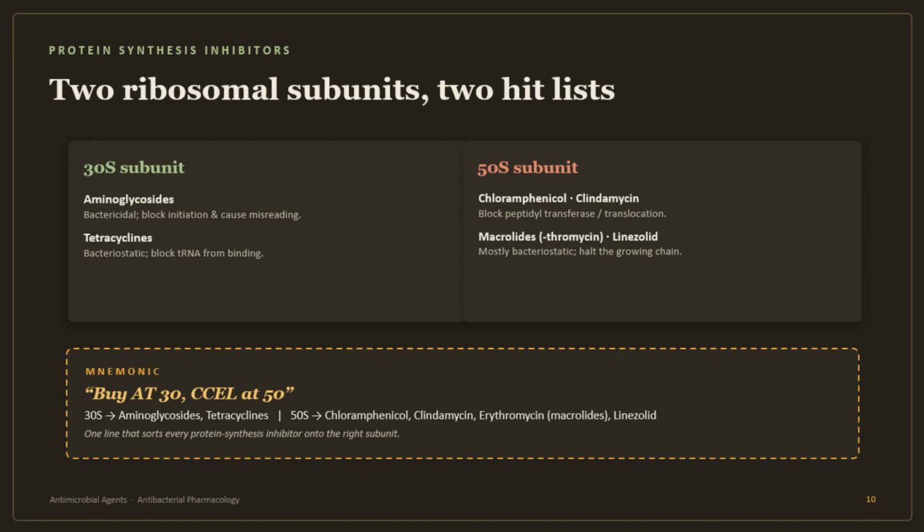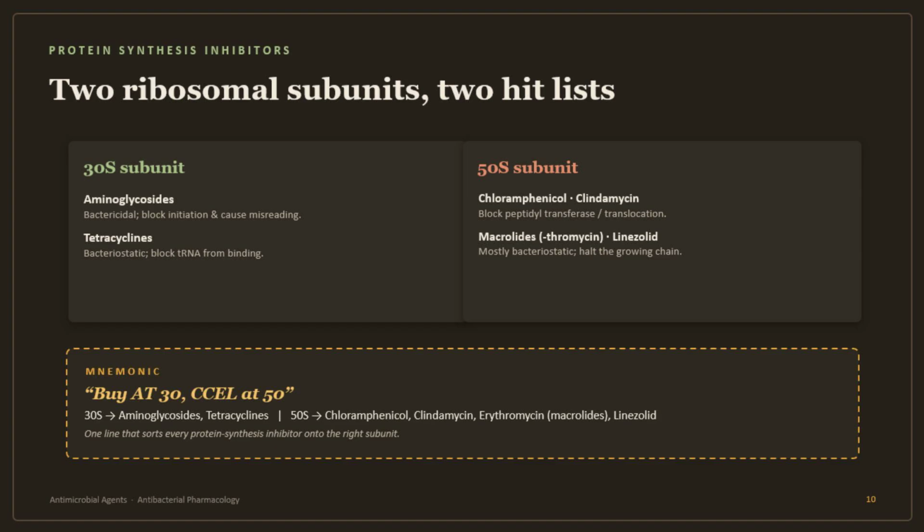Here's the key organizing idea. The bacterial ribosome has 2 subunits, the 30S and the 50S, and our drugs split neatly into 2 hit lists depending on which subunit they attack. On the 30S subunit we have 2 players: aminoglycosides, which are bactericidal, blocking initiation and causing the ribosome to misread the code, and tetracyclines, which are bacteriostatic, blocking tRNA from binding.